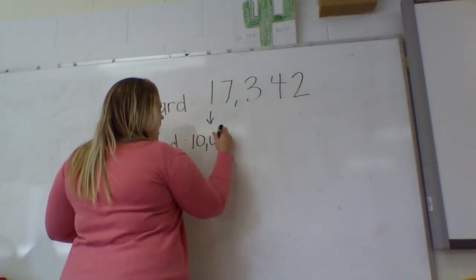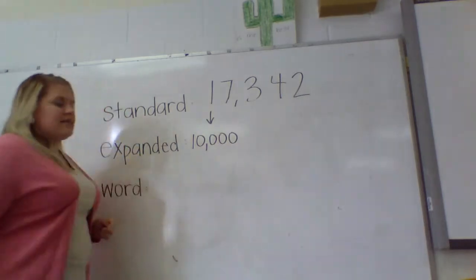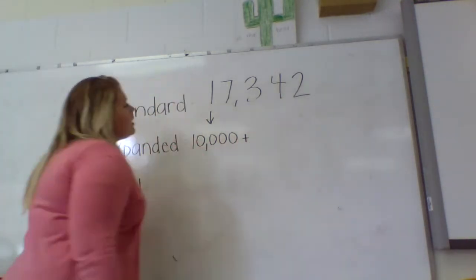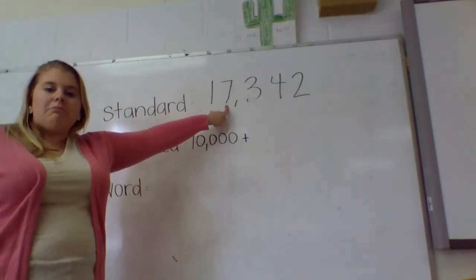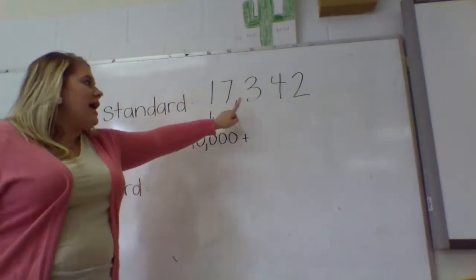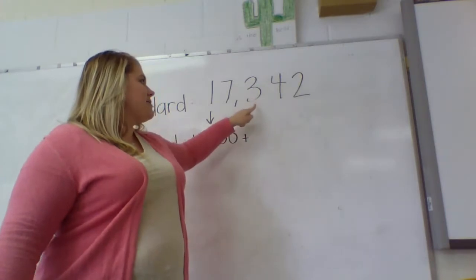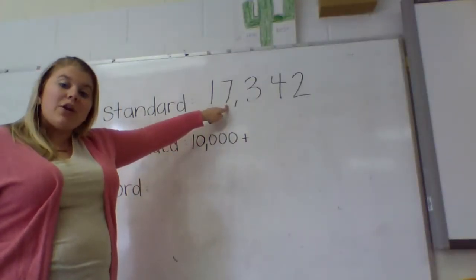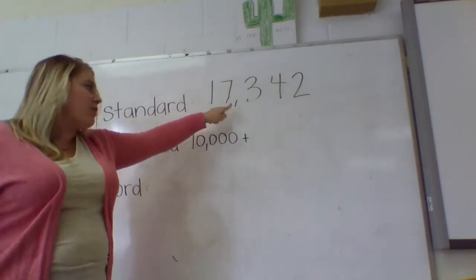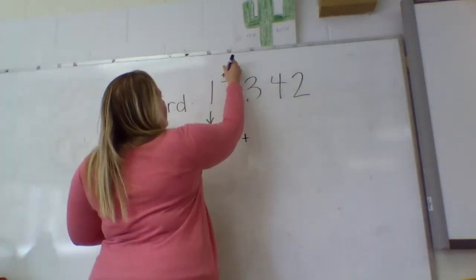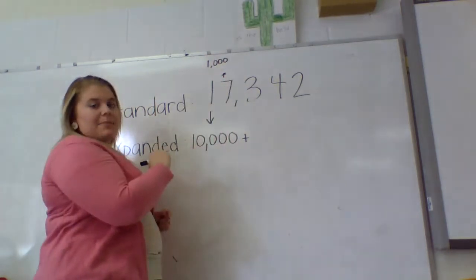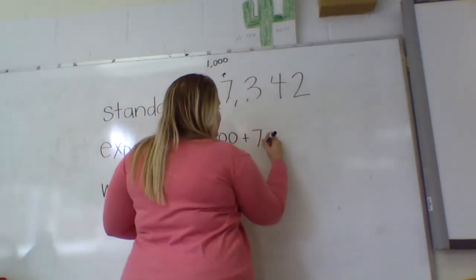So that 1 is really 10,000. Plus this 7, but it's not really 7. It's in the ones, tens, hundreds, thousands place. So it is 7 groups of 1,000. If we look at that, it's 1,000 7 times. So that's worth 7,000.